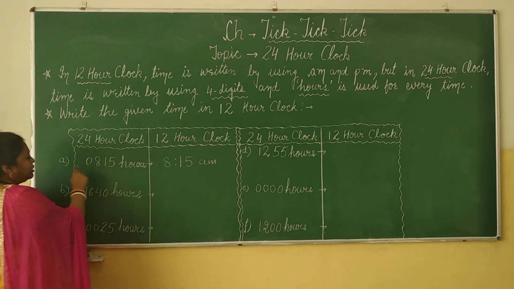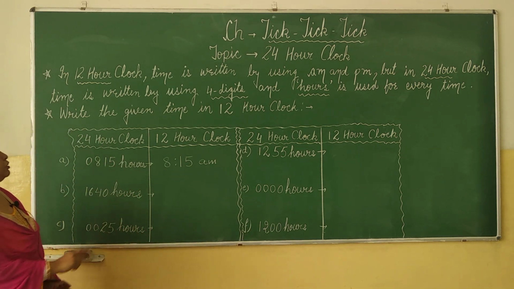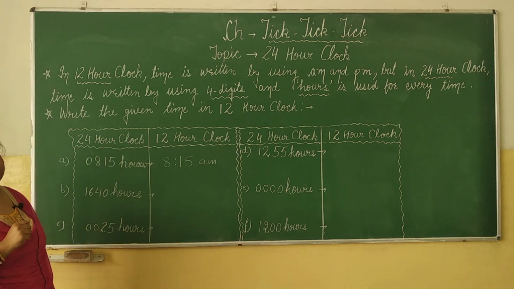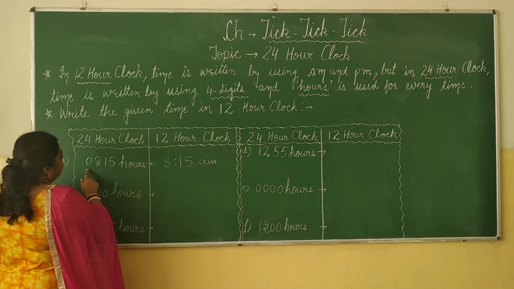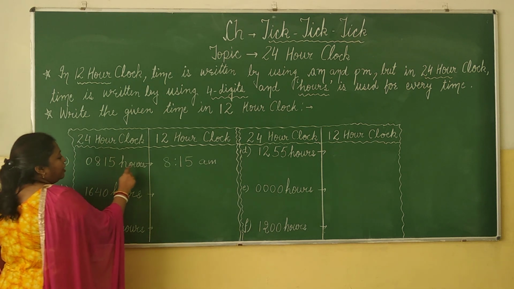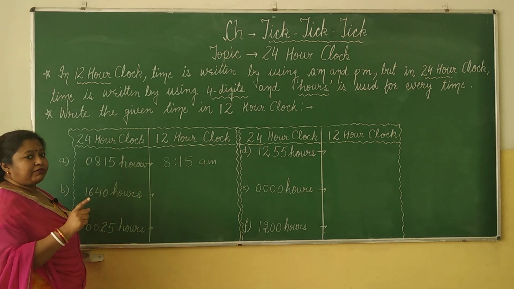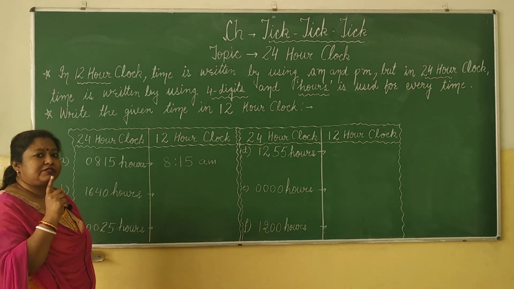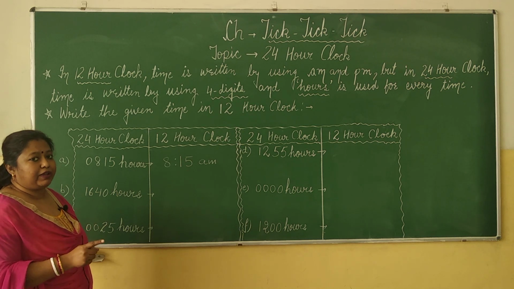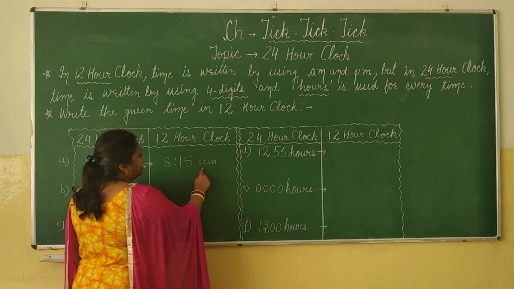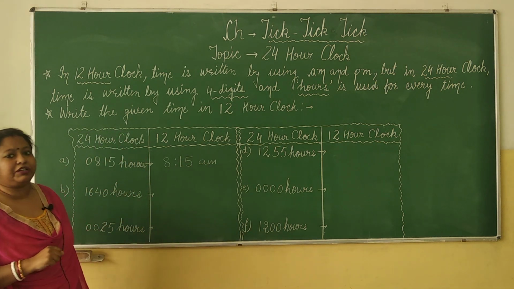You can remove the 0 from the beginning to make it a 3-digit number when we change it to 12-hour clock time. Whenever the time is less than 12 hours, there will be no change and we will follow it with AM.